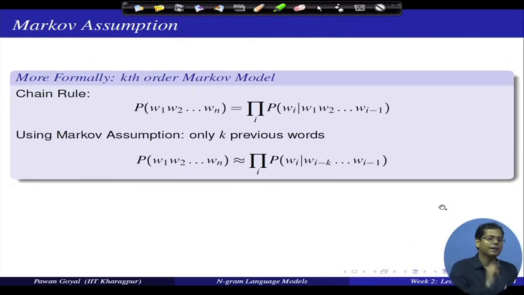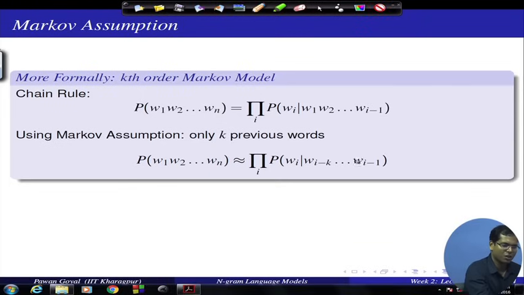Now, in kth order Markov model assumption, I'll condition it only on the previous k words. So I will write probability of Wi given W1 to Wi minus 1 as Wi given only the previous k words. Here you are using only the previous k words and not all the i minus 1 words.